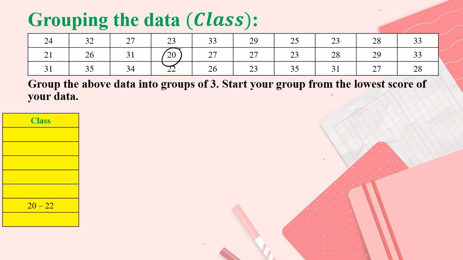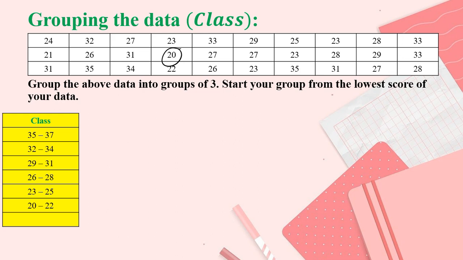Why 20 to 22? Because the interval is 3. So we have 20, 21, 22. Their interval is three. The next class will be 23 to 25. Same: 23, 24, 25, still three. Next, 26 to 28, 29 to 31, 32 to 34, and as you can see, our highest score is 35. So our last class will be 35 to 37.